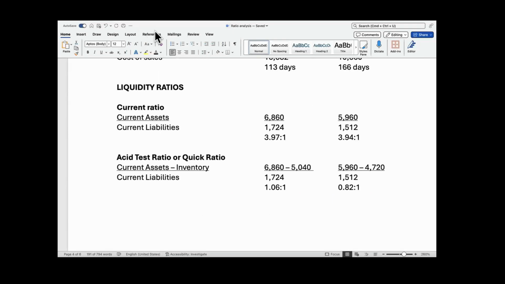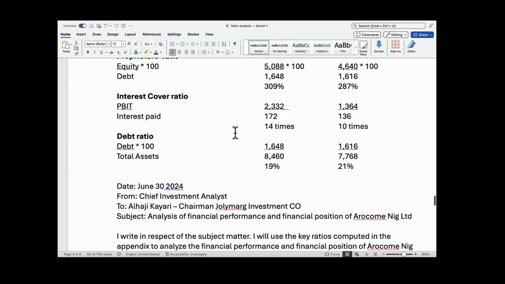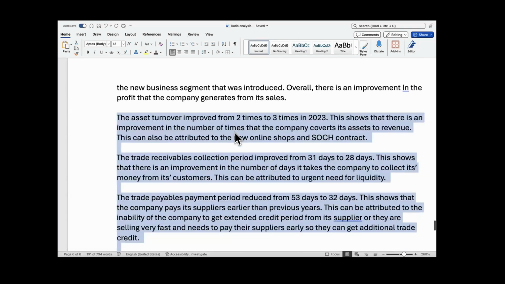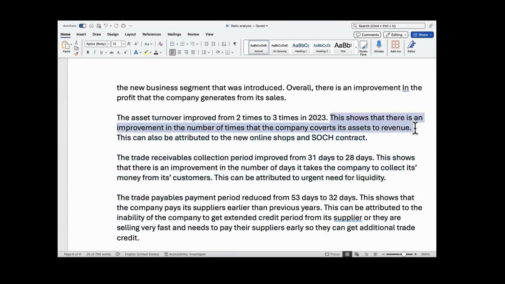I hope you are noting the sequence of my analysis, keeping it simple and direct, speaking about the movement, whether it's improving or not, making the examiner understand that I know the meaning of these ratios, telling them what this improvement shows, then attributing it to what is happening in the question, to what they told me in the question. And good enough for you, the context they have given us is not so much.